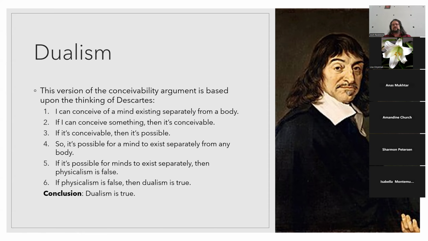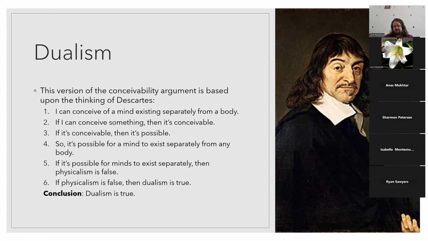The first premise says that we can conceive of a mind existing separately from a body. And the second says that if we can conceive of something, then it's conceivable. Okay, so it's conceivable that a mind could exist separately from a body. The third premise says that if it's conceivable, then it is possible.